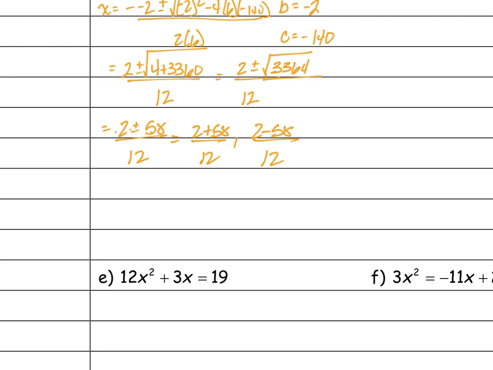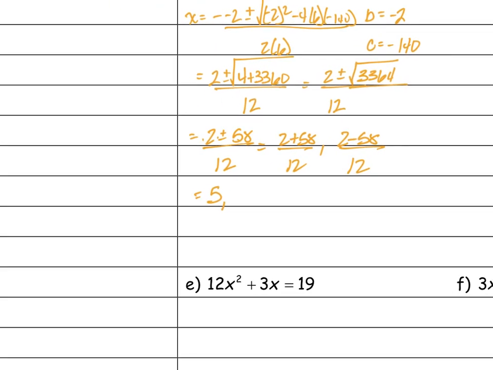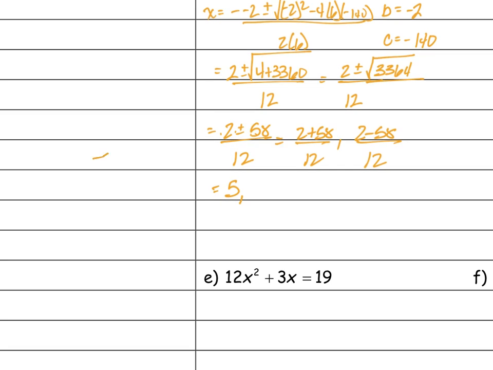2 plus 58 is 60, and 60 divided by 12, I think, is 5. Yeah, that's right. And then this one's a little harder. So the next one is -56 divided by 12. Well, 12 doesn't go into 56. So I said, well, what goes into 12? I tried 6 first.